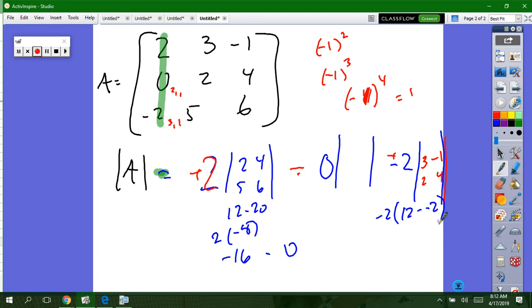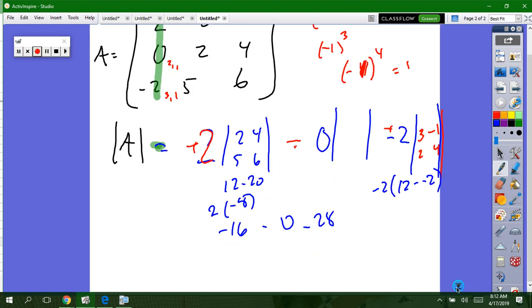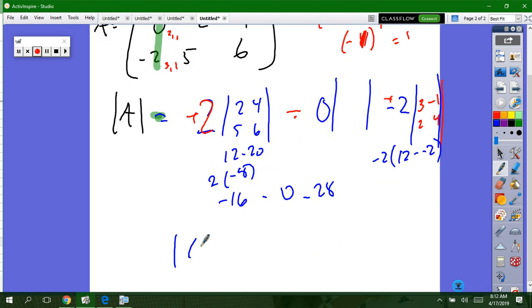So it's AB minus B. 12 minus a minus 2 is 14. Negative 2 times 14 is negative 28. So the determinant of A is negative 40. That number will then help us a little later to help solve the equation called Cramer's rule.